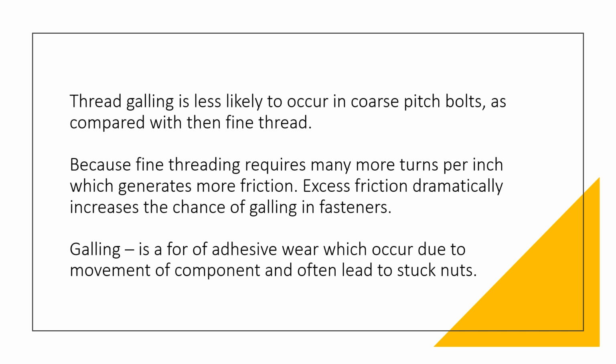So thread galling is less likely to occur in coarse pitch bolts as compared with fine bolts, because fine threading requires more and more turns per inch, which generate more friction. Fine threads make more turns because the TPI is more in fine compared to the TPI of coarse. That's why you make more turns.